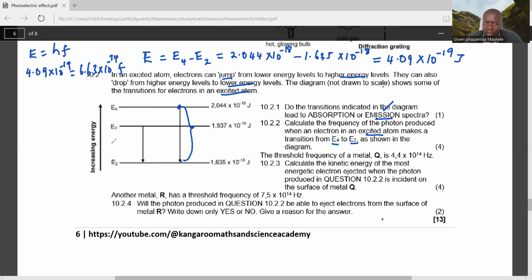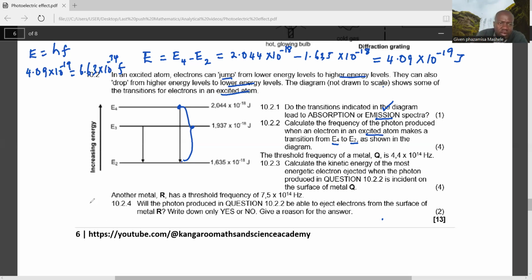Then we divide both sides by 6.63 times 10 to the power negative 34. So it's 4.09 divided by 6.63 times 10 to the power negative 34.